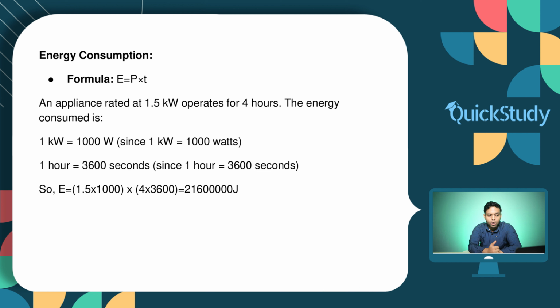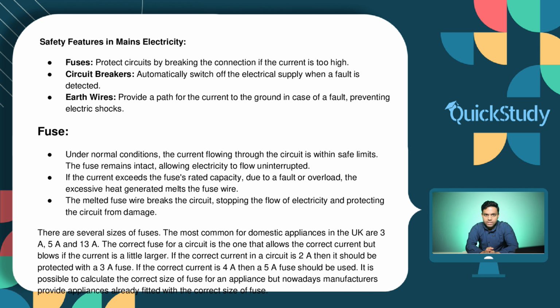So we know that 1 kilowatt is 1000 watts, and 1 hour would include 3600 seconds. So E = 1.5 × 1000 × 4 × 3600. The answer would be 21,060,000 joules.